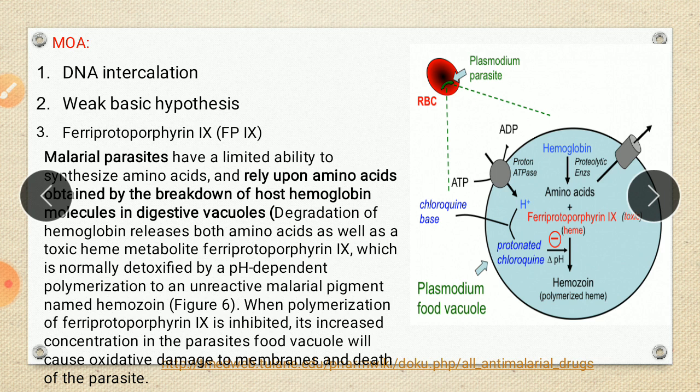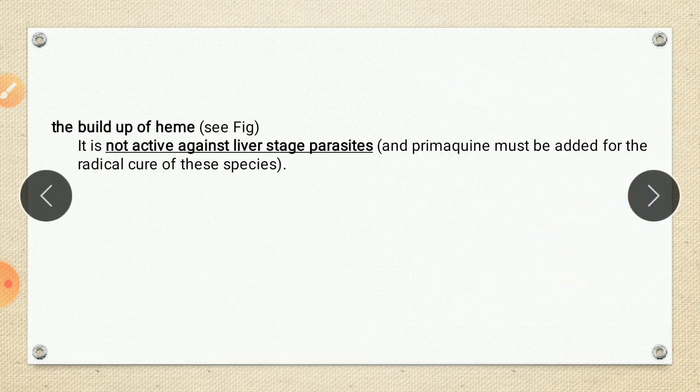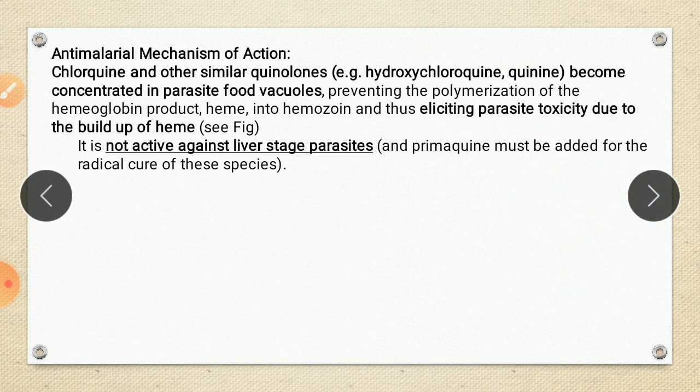Our drugs, the 4-aminoquinoline antimalarial drugs, increase in concentration in this vacuole. Chloroquine and other similar quinolines become concentrated in the parasite food vacuole, preventing the polymerization of the hemoglobin product heme into hemozoin and eliciting parasite toxicity due to the buildup of heme.